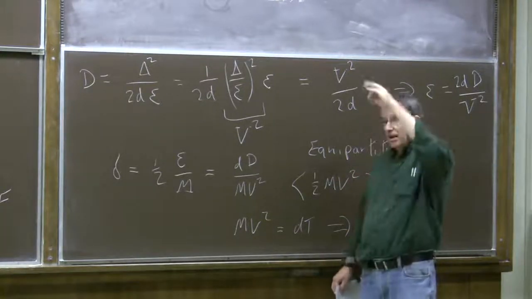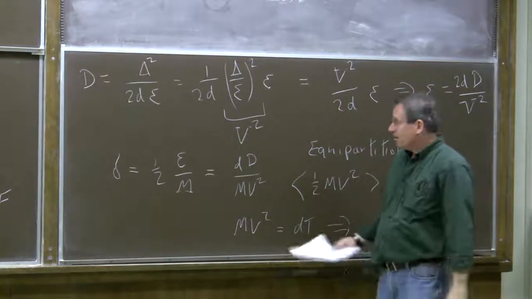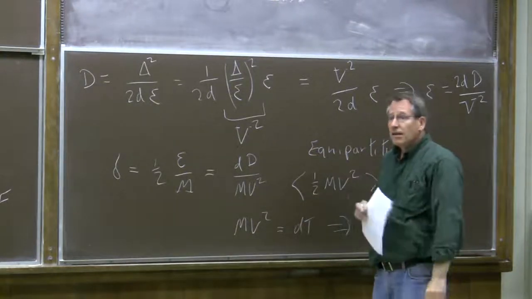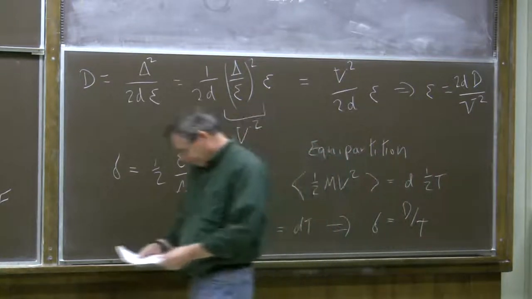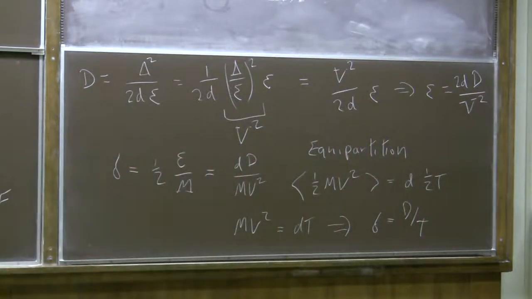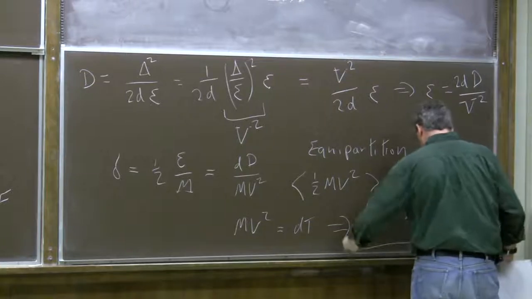But we're interested in its average speed with those fluctuations averaged out. And so I'm just going to take the average kinetic energy of the diffusing particle in this estimate. Okay. So that's the Einstein relation again.